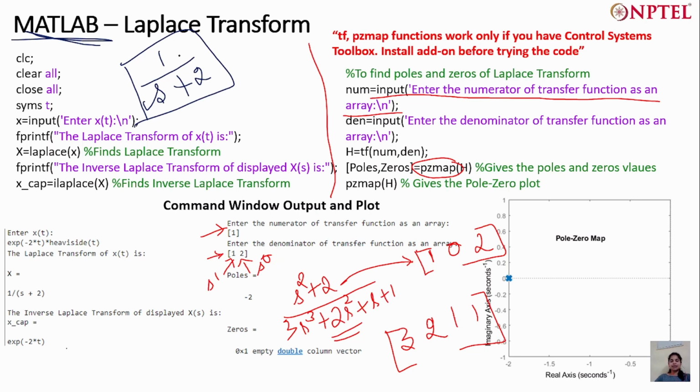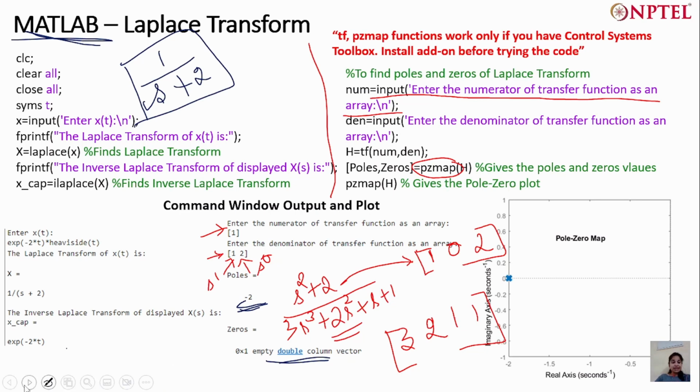Can you tell the poles and zeros of this? There are no zeros, and there is just one pole, at -2, correct? The pzmap function has returned the poles and zeros: poles I have got -2, and for zeros it has told that there are none. It's an empty vector.